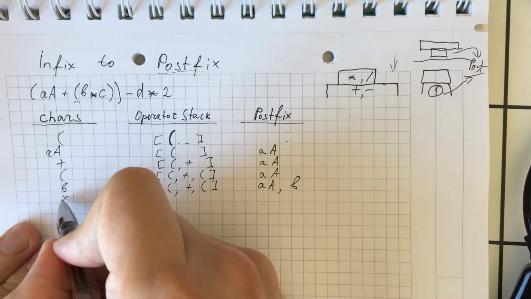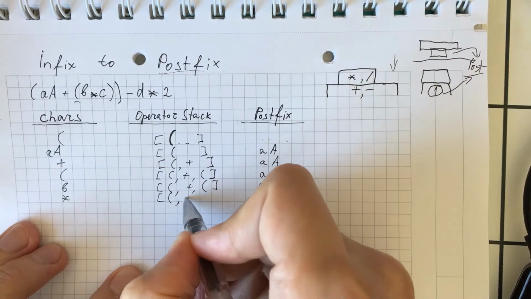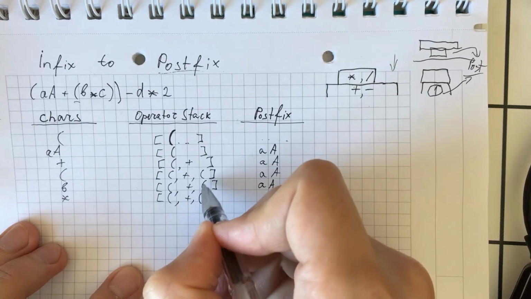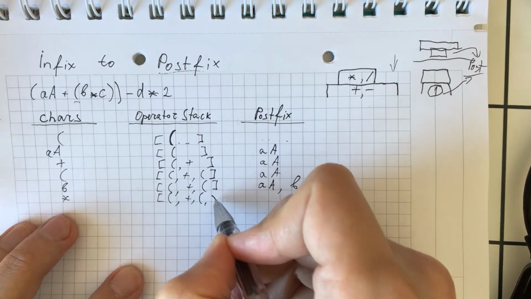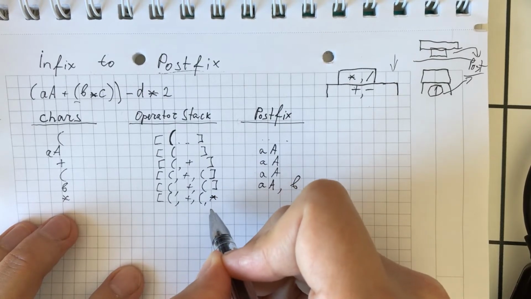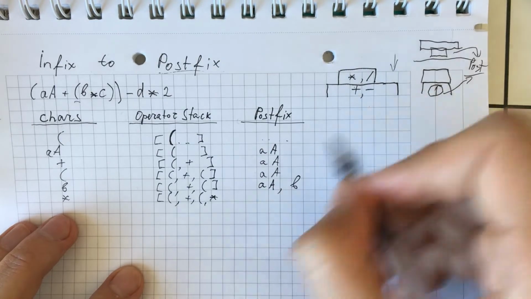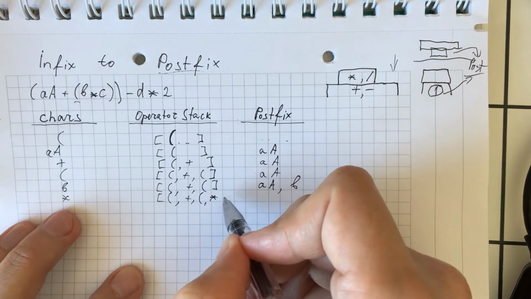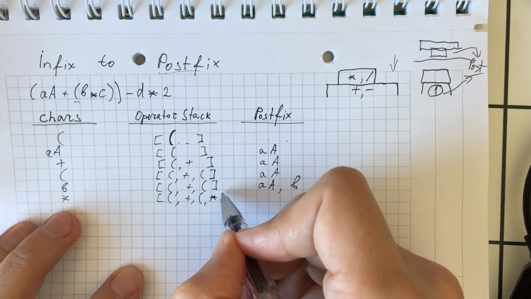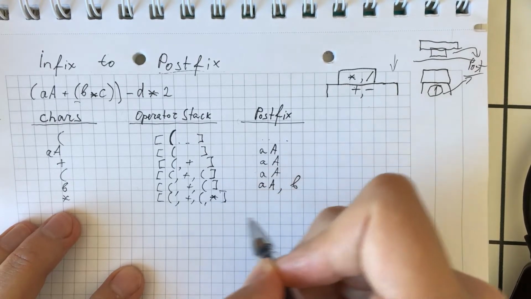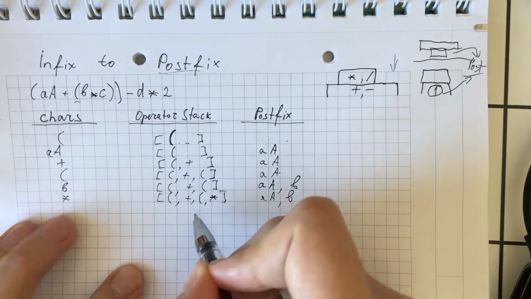We got a multiply. This is remaining because there's another parenthesis. So we've got a multiply. We cannot do anything because there's no precedence check, because there's an opening parenthesis. This is still A, B.